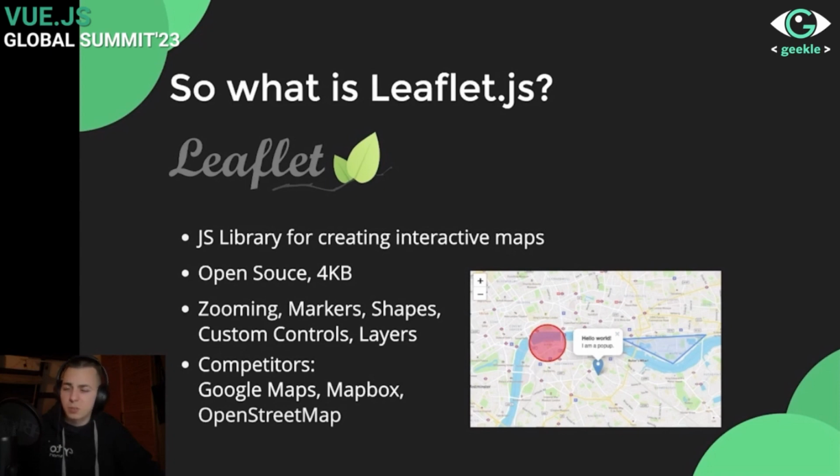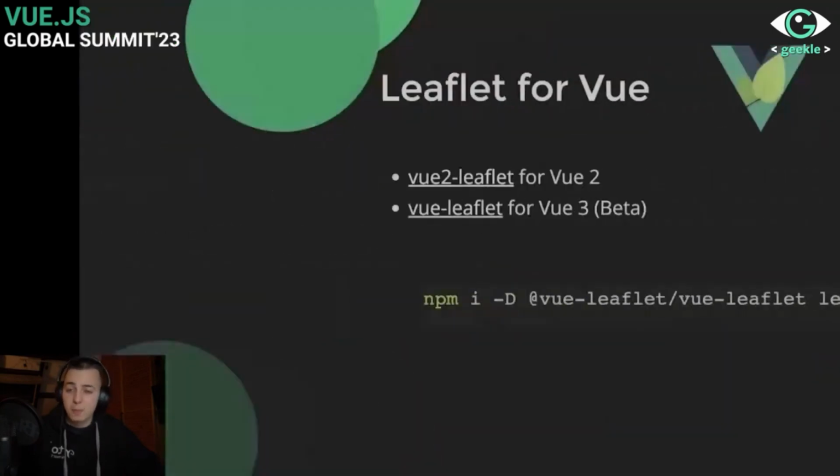What's so special about Leaflet is that it's open source and quite small, and it also has a lot of features and a quite big community. Some of the features include zooming capabilities, adding markers to specific coordinate systems, shapes, custom controls, layers, and so on.